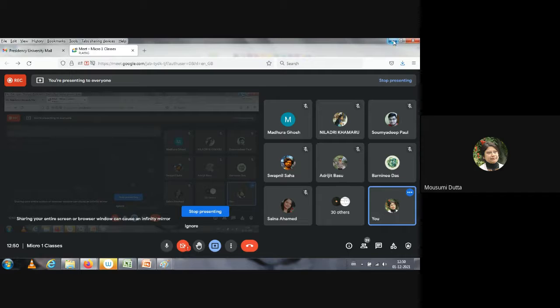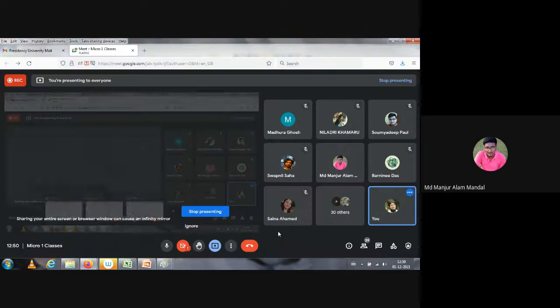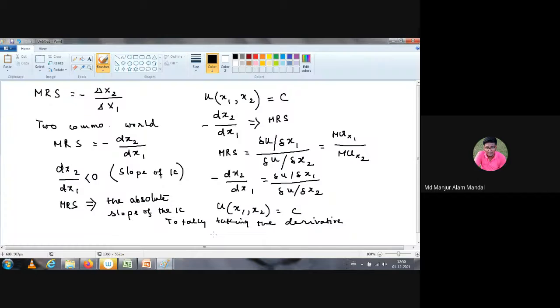Shomodeep? If I go for total derivative, what I'll get? Please try. Ma'am, I can try. Yeah, please. Ma'am, minus dx2 by dx1 equals to 0. Would you please repeat? Ma'am, minus dx2 by dx1 equals to 0. C is 0. If I take total derivative, totally taking the derivative.